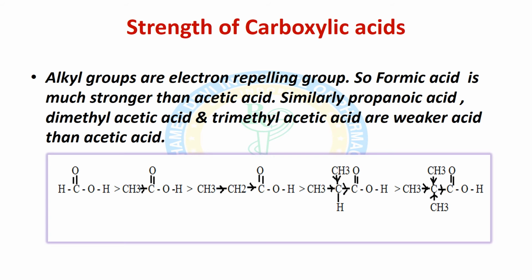If we talk about the electron releasing group attached to the carboxylic group, the carboxylic group must release H plus ion to become an acid. If it does so, the CH3 group is attached there, and that CH3 group is actually the electron releasing group, and it is pushing its cloud towards the COOH group, thus stabilizing the COOH moiety.